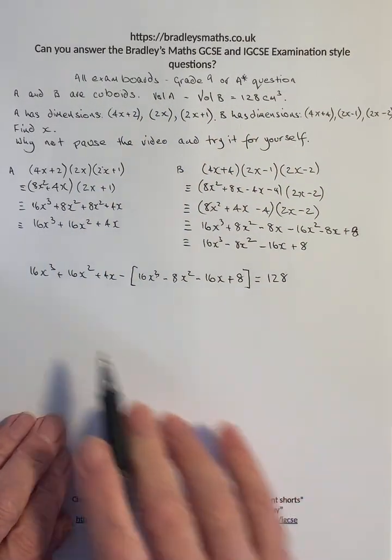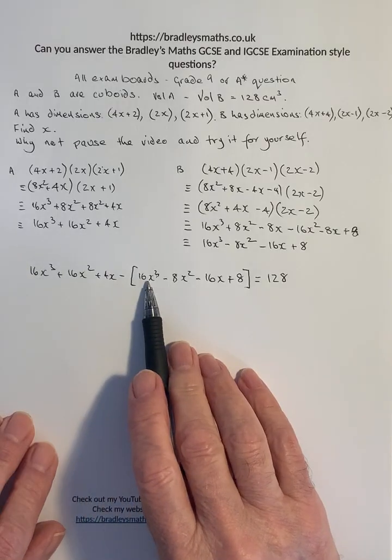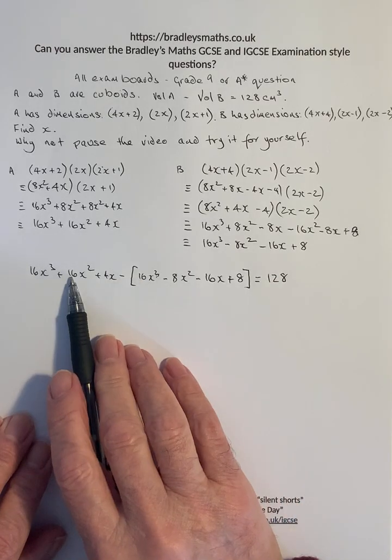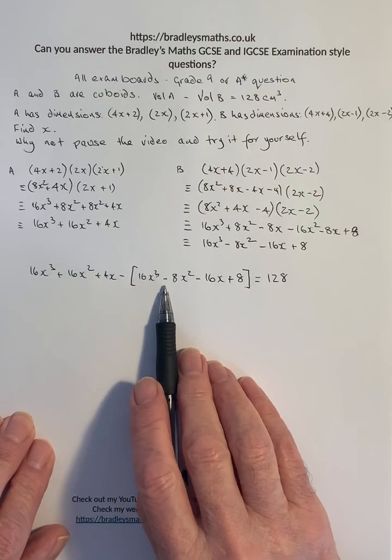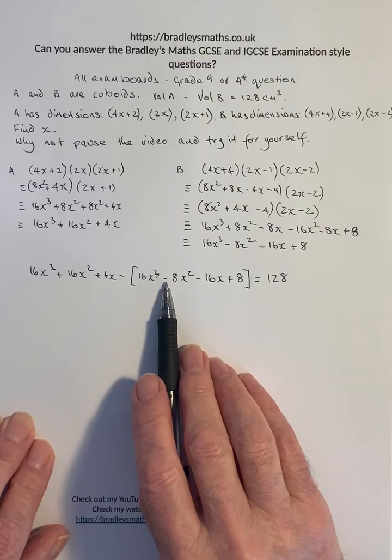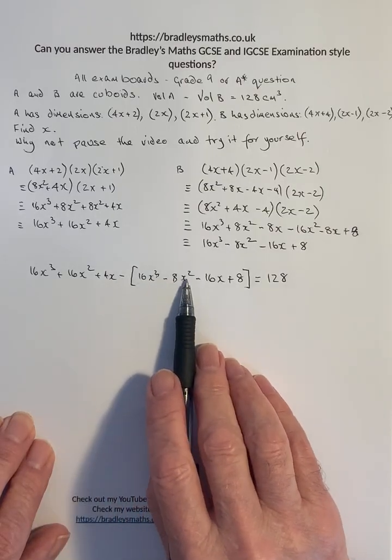Okay. 16x cubed minus 16x cubed is nothing. 16x squared minus negative 8x squared, so this becomes positive. Minus negative is positive.